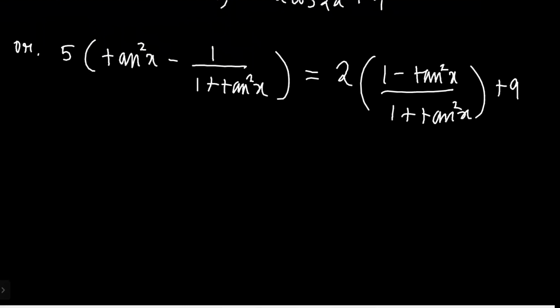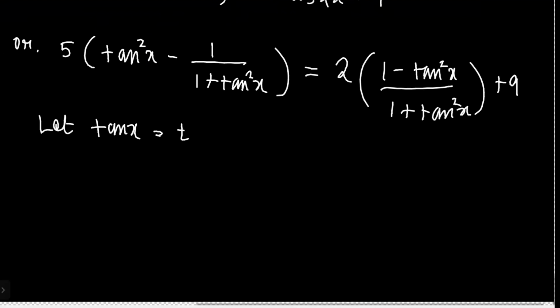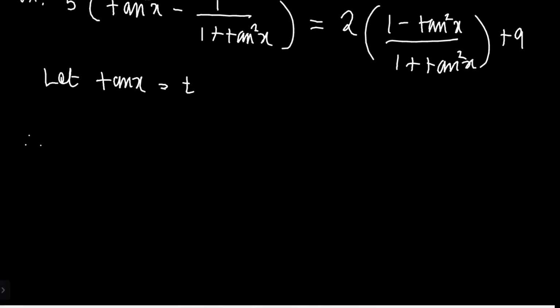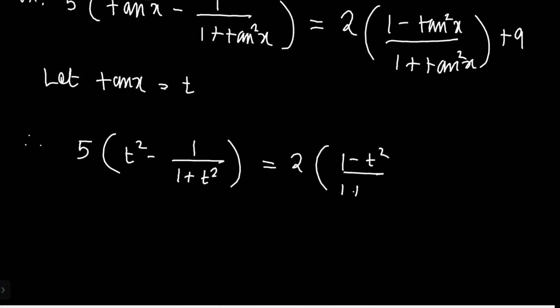For our convenience, let tan x equal to t. So from this we can write 5 into t square minus 1 by 1 plus t square is equal to 2 into 1 minus t square by 1 plus t square plus 9.